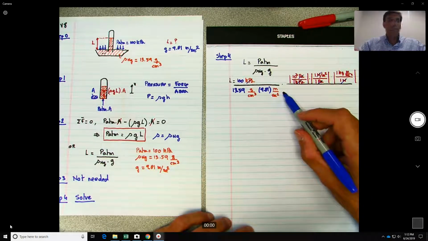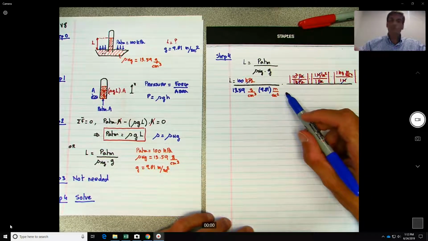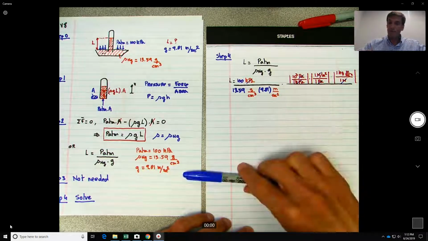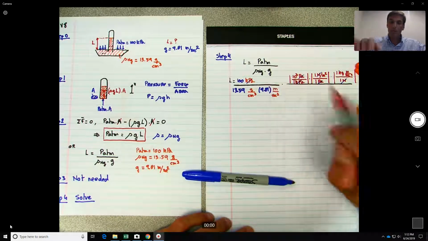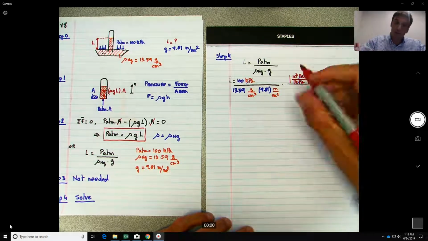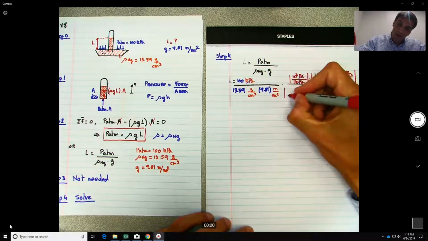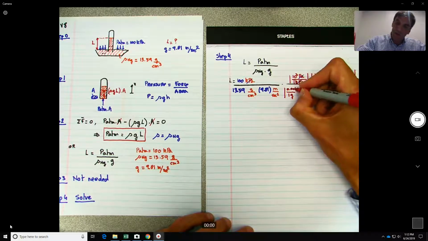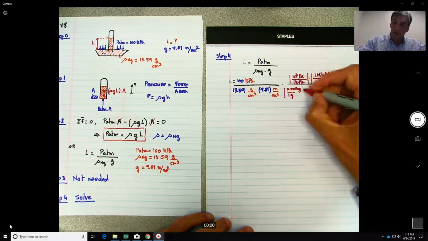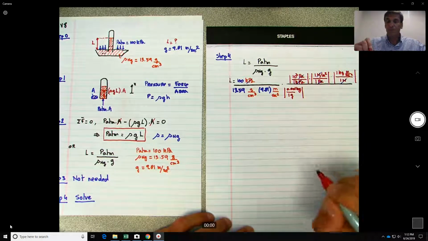And now the bottom one might be a little bit more complicated. So let's see. Unit wise, we have the gram that we want to transform into kilograms. So what do we have over here? We'll have 1 gram equal to 0.001 kilograms. Okay.